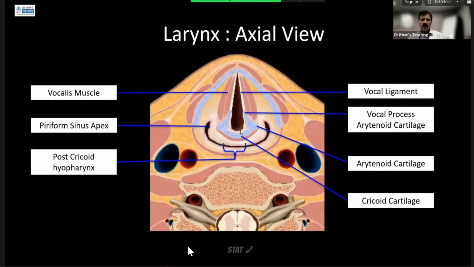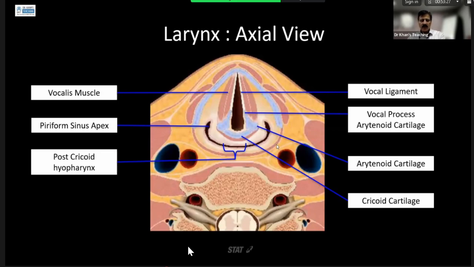If we do staging of laryngeal carcinoma, we measure this soft tissue, and there are some rules. It should not be 1 millimeter or more than that, but you don't have to worry about that. But the paraglottic fat continues. Look at the piriform sinus. It is becoming a bit attenuated.